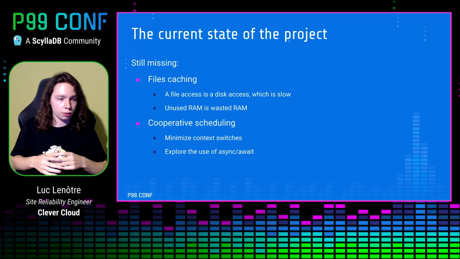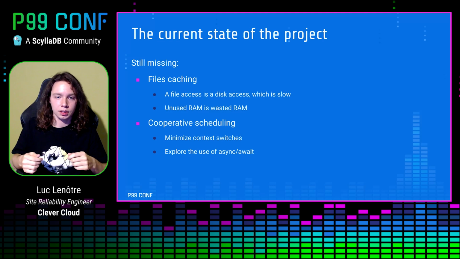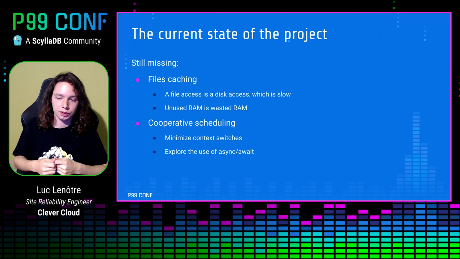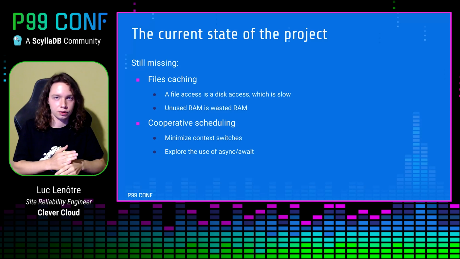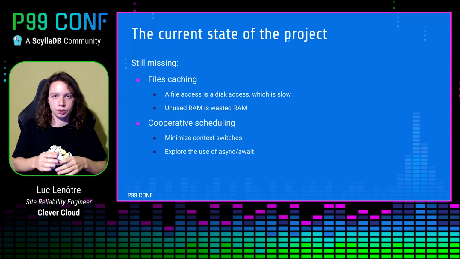And it would also be interesting to look at cooperative scheduling. So basically, the kernel currently has only preemptive scheduling, which means that each time the process scheduler wants to interrupt the execution of a process to resume the execution of another process, it has to save all of the state of the process, which is actually pretty expensive.